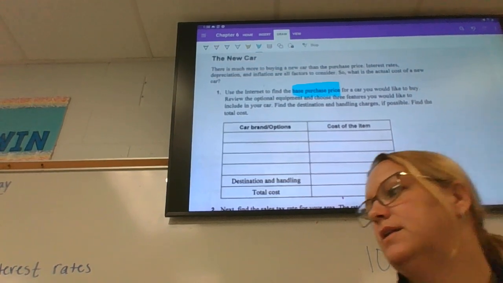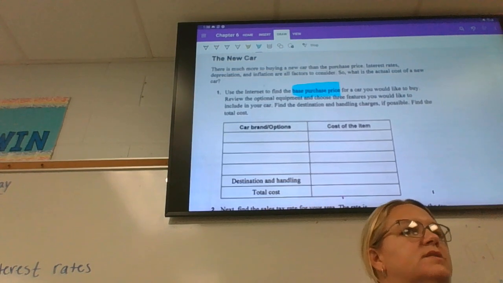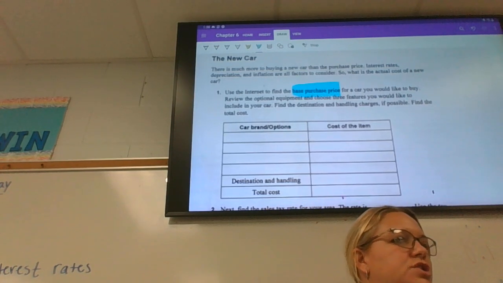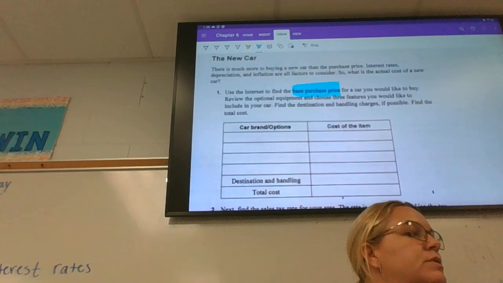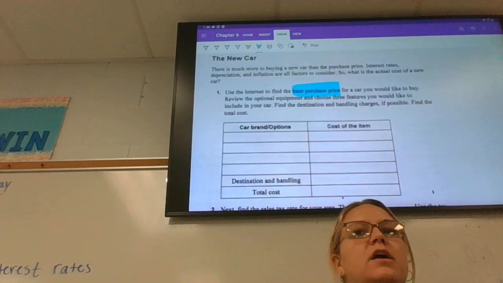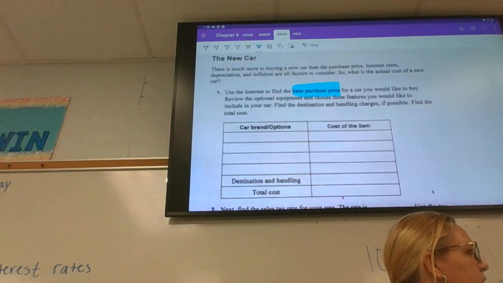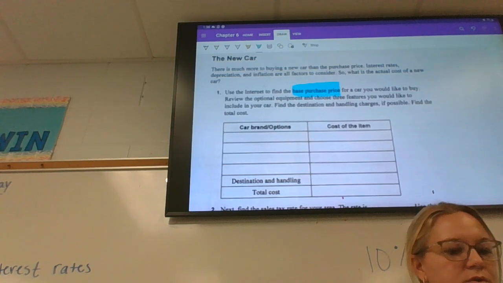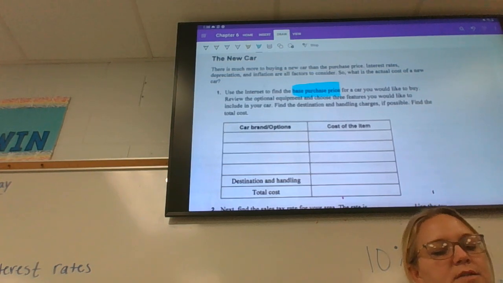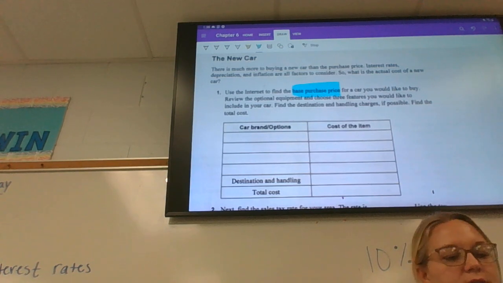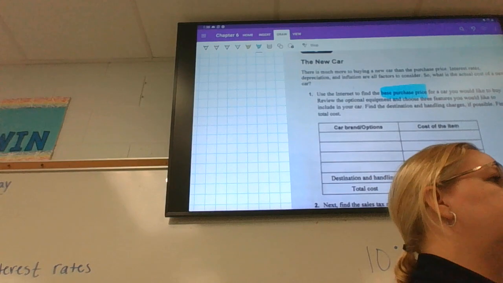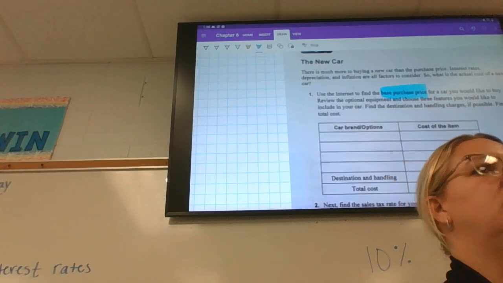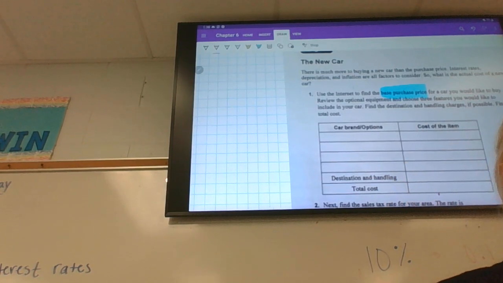The math is pretty challenging, so I'm going to show the math. If you're not able to do the math for your car, you'll have to copy the math for the car that I choose. But right now, you can go ahead and Google and start looking up cars. Eventually, you're going to want to pick one car type and write it down.